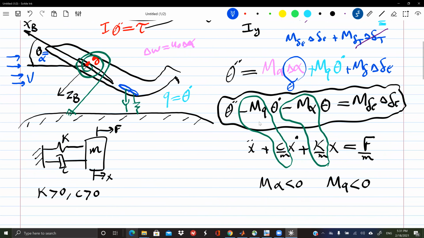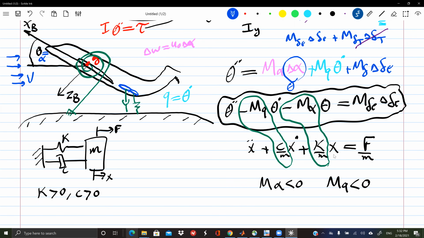Let's see, just to remind you, what is stiffness? What is K? What is a spring? A spring is an element that gives you a force proportional to displacement. If it's a translational motion, it's proportional to the displacement x.